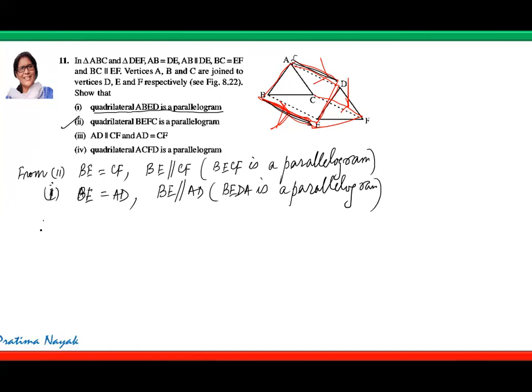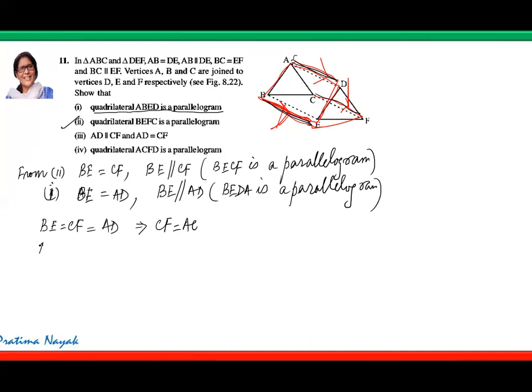So BE once equal to CF, once equal to AD. What does it mean? It means that CF is equal to AD.